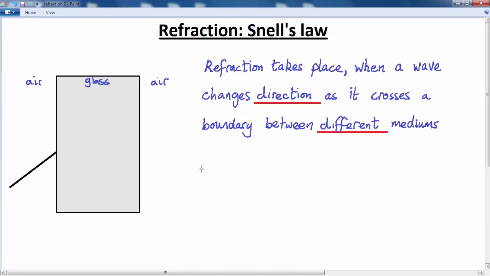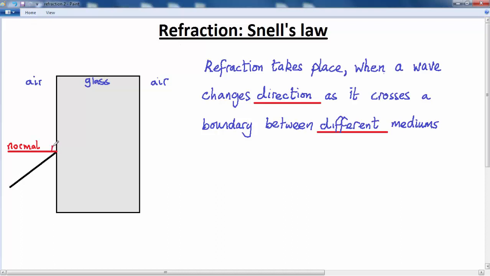Now in order to show the law of refraction we need to define some angles here. So first thing we say that the ray is incident on the glass block, and we're going to define a line called the normal. We'll write normal, and the normal is a construction line that is exactly perpendicular to the surface at which the light ray is incident.